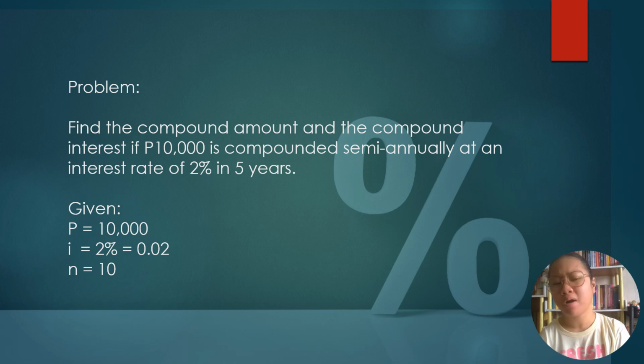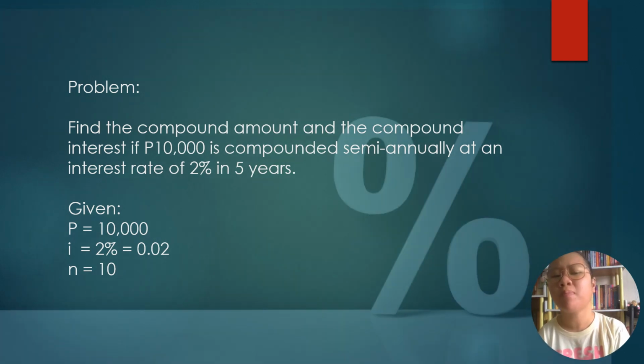Find the compound amount and the compound interest if 10,000 pesos is compounded semi-annually at an interest rate of 2% in 5 years. Given: P is equal to 10,000, i is equal to 2% or 0.02, and n is 10. It should be clear to us what the givens are before we substitute them in the formula.